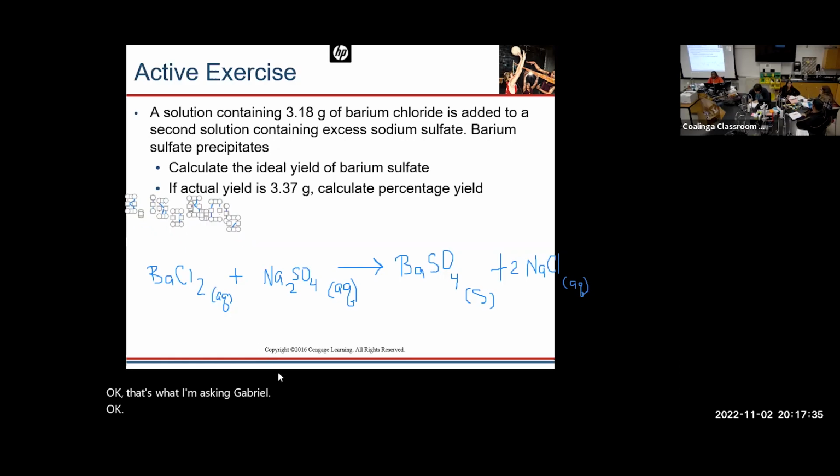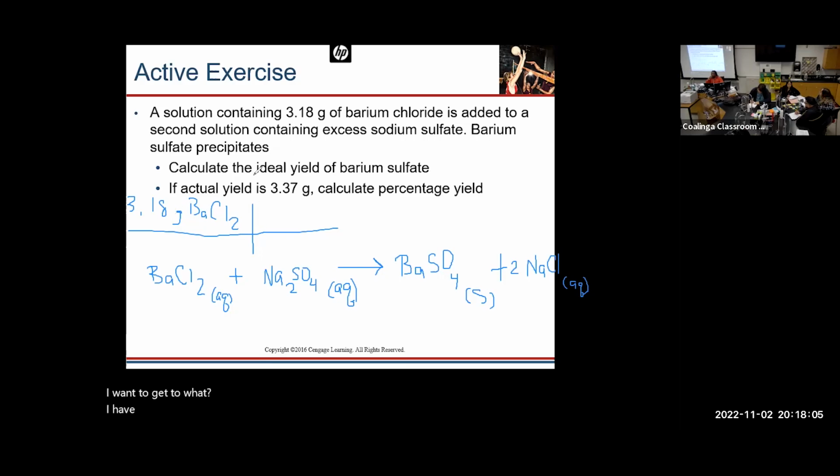Okay, so we're starting off with our given, that 3.18. What am I going to do? I have grams.